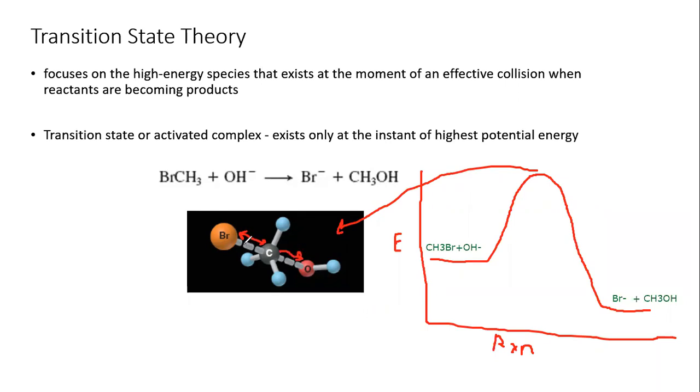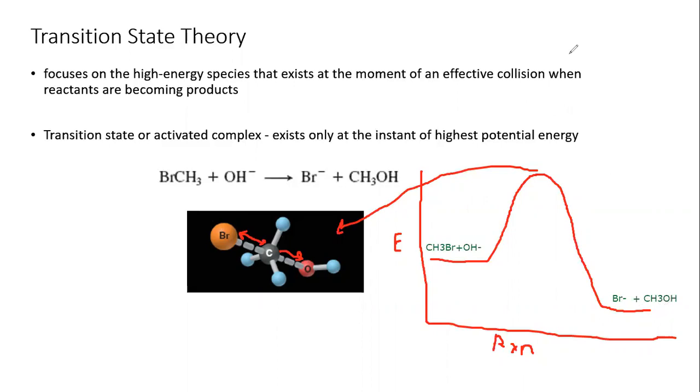And eventually what will happen when we form products is the carbon-bromine bond will break and the carbon-oxygen bond will form. So when you reach the transition state, again, the carbon-bromine bond has been elongated and the carbon-oxygen bond is starting to form between the two. And then once you overcome this activation energy, then the carbon-oxygen bond forms and the carbon-bromine bond breaks. And that's where you get your products, Br- and CH3OH.